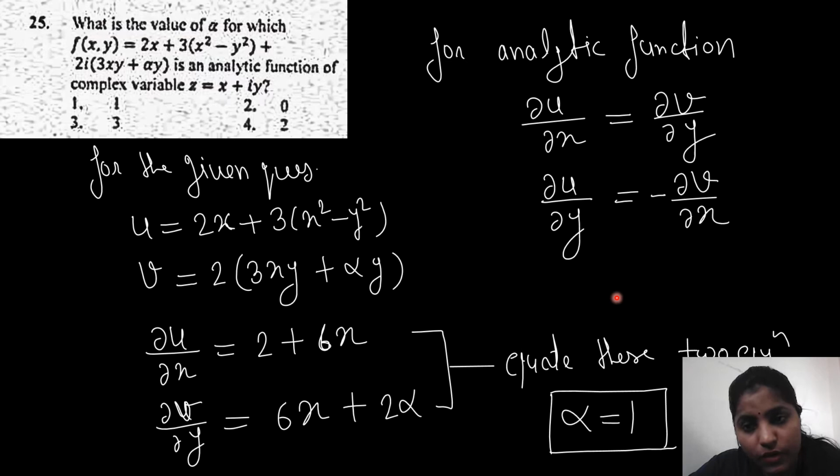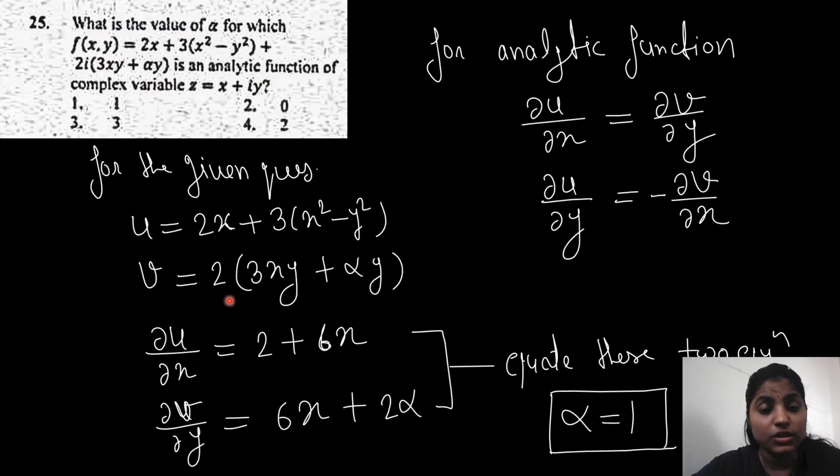So using one of these conditions, we can find out the value of alpha, because we know u is the real part and v is the imaginary part. So u is 2x plus 3x square minus y square, and v is 2 bracket 3xy plus alpha y. Now I'm using the first condition. For that, I have differentiated u with respect to x, and I will get 2 plus 6x.